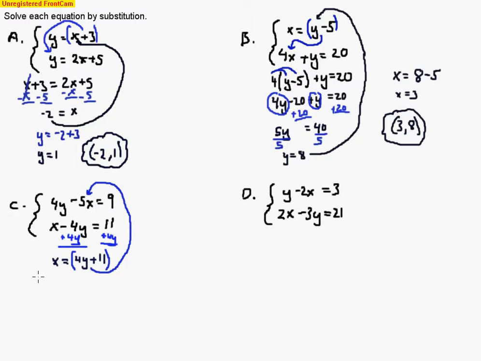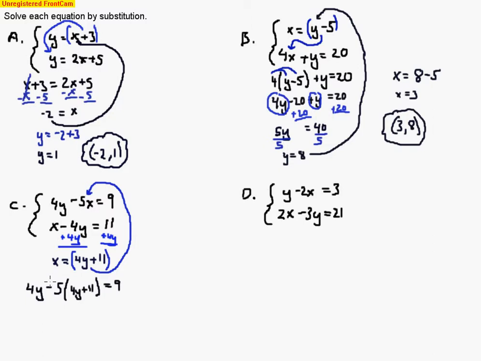So now once we've done that substitution, we can rewrite our new equation. It's going to be 4y minus 5 multiplied by 4y plus 11. And this equals 9. So this problem requires a little bit more work. We've got to be really careful with the sign.